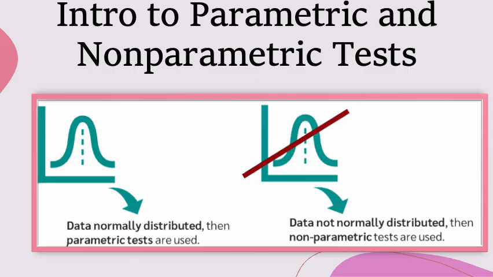In general, in step 2 of hypothesis testing, you are going to choose a parametric test because these tests are generally more powerful than non-parametric tests when the data is normally distributed. And we generally go into a project assuming that our data will be normally distributed, but then we must assess for normal distribution.